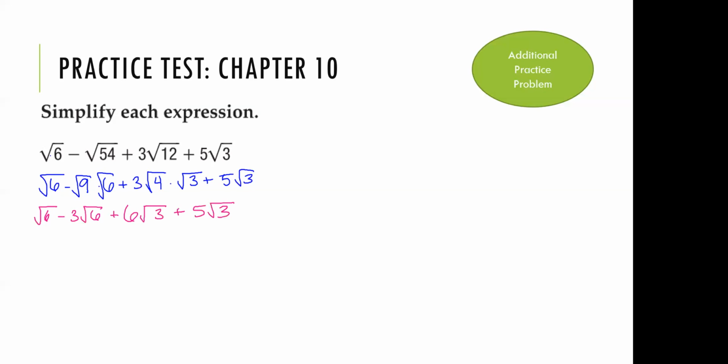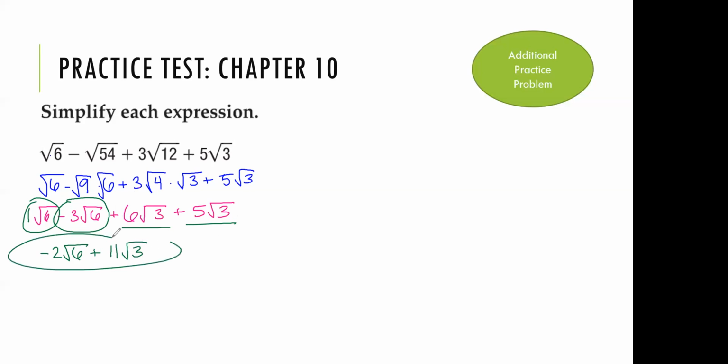Okay, so now I have some like radicals, right? I've got the square root of 6 minus 3 times the square root of 6. So that's 1 minus 3, which is negative 2, times the square root of 6. And then 6 times the square root of 3 plus 5 times the square root of 3 would be 11 times the square root of 3.